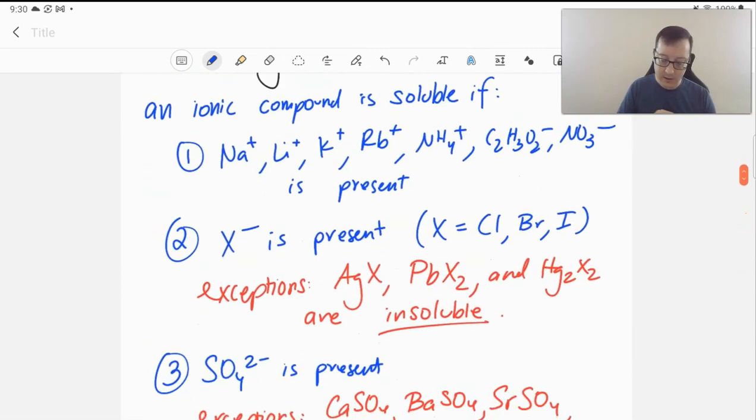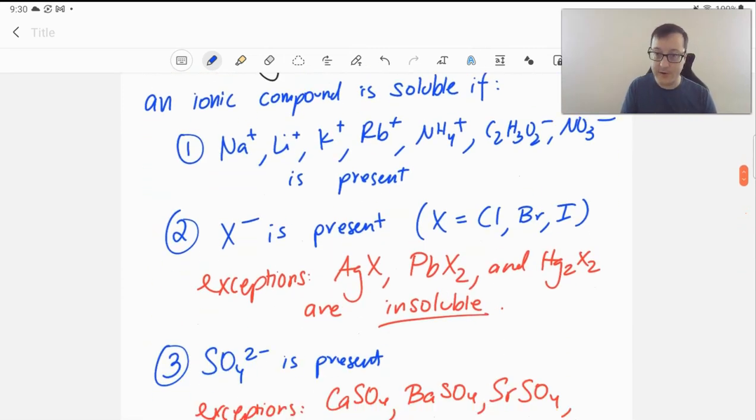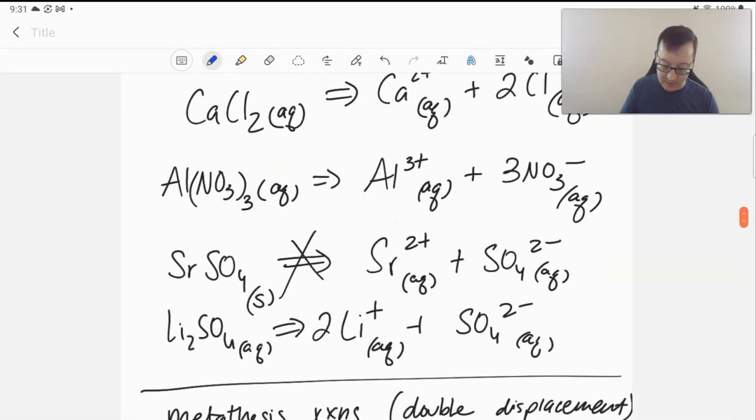All the way up here. So none of the first category is present for silver and bromine together. Rule 2 tells us about bromine. So X minus is present, should be soluble. Oh, but look, indeed we have an exception here. So we will see that silver bromide should be insoluble.